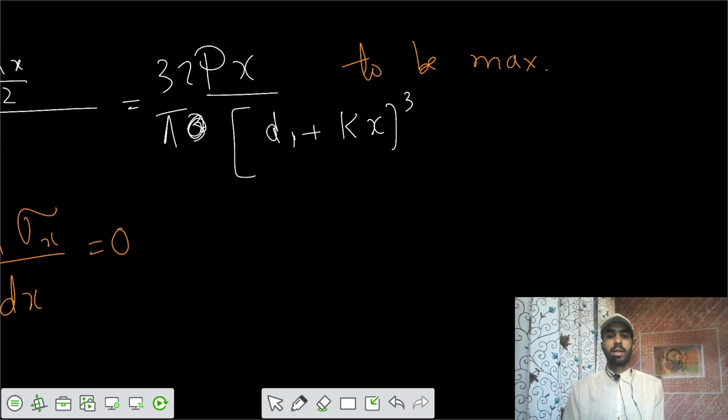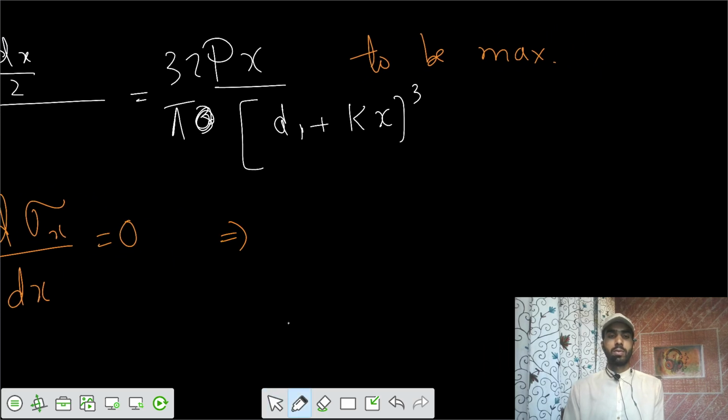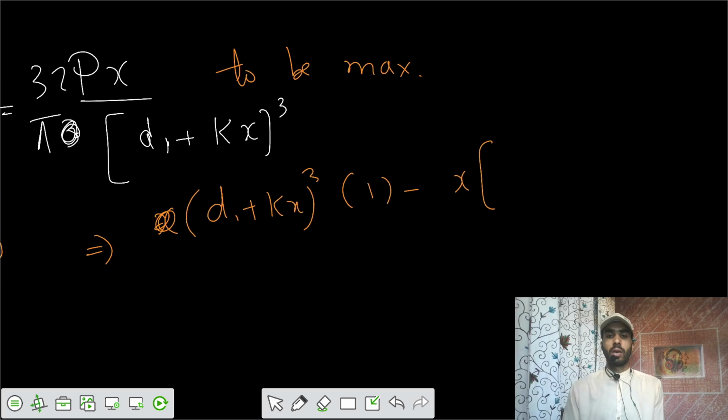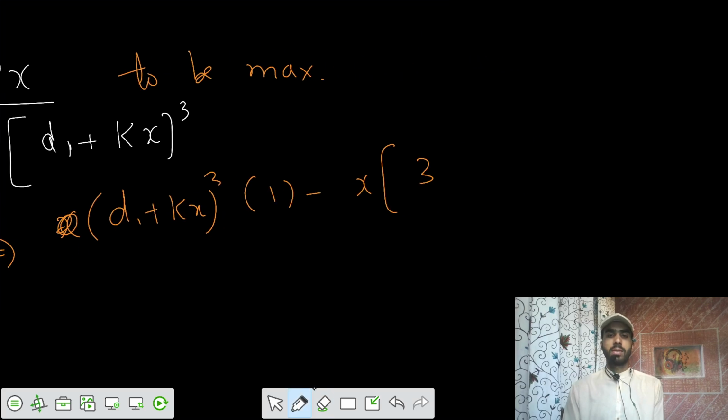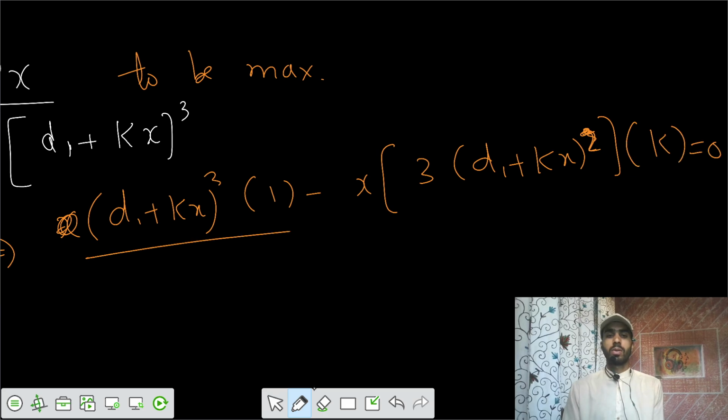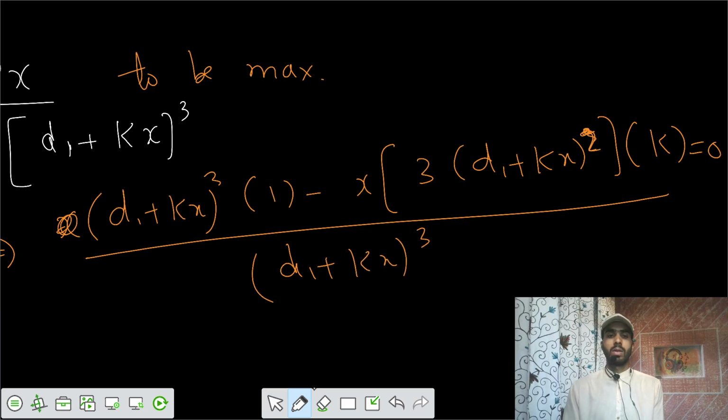So let's differentiate it: d1 plus kx whole cube into 1, minus x times 3 times d1 plus kx whole square into the constant k, divided by d1 plus kx whole cube, whole square.